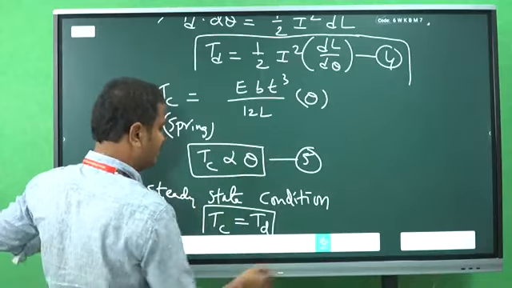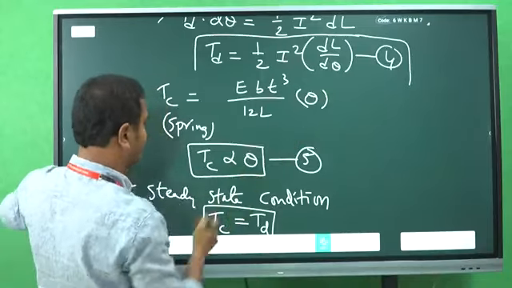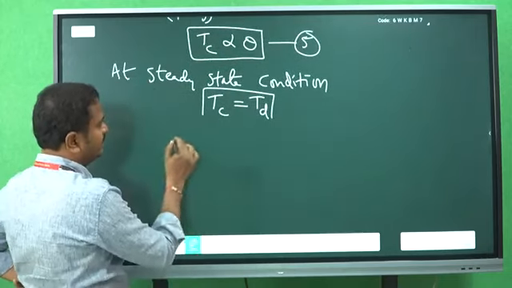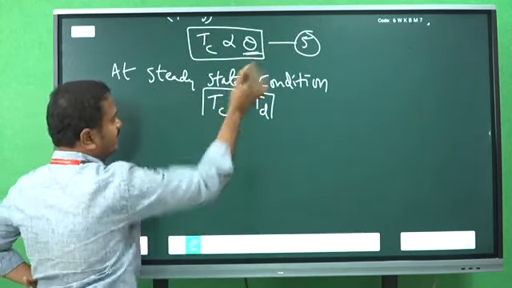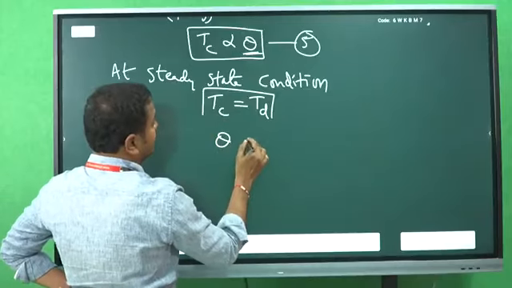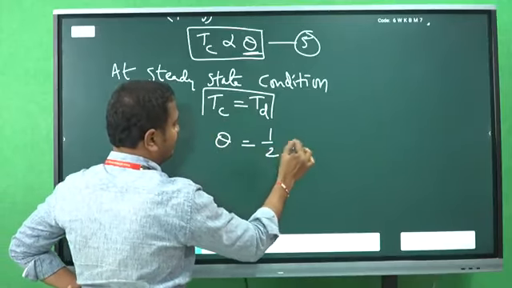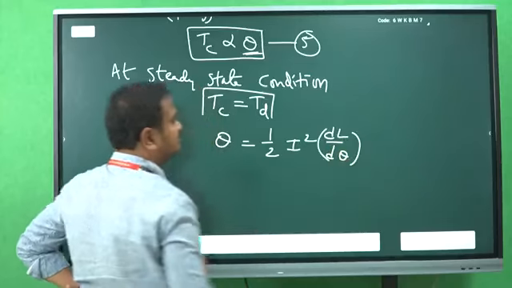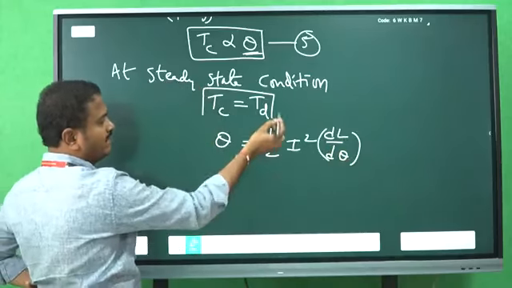Therefore, from equation 4 and equation 5, Tc proportional to theta equals half I square dL by d theta, which is the expression from Td.